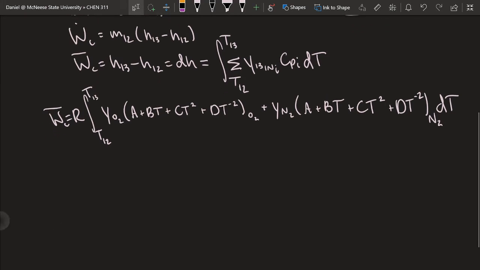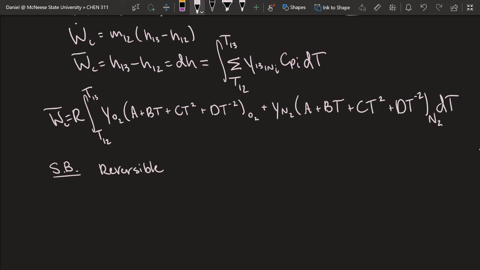And so now it also requires an entropy balance. I might be wrong, but I'm pretty sure that the only way that you can solve it is by assuming that delta S is zero, assuming that it's reversible.